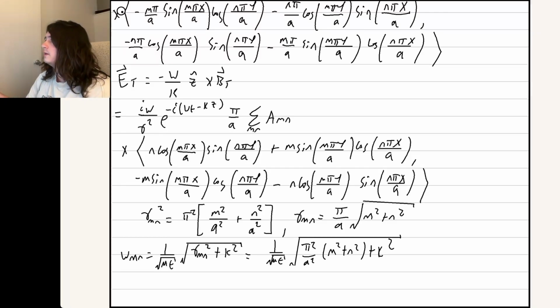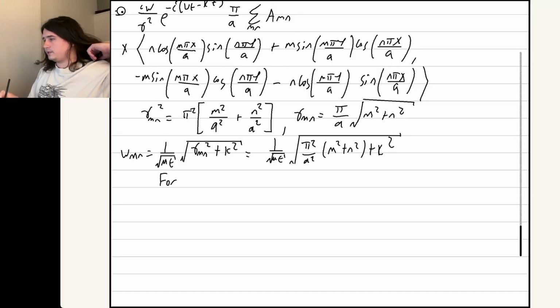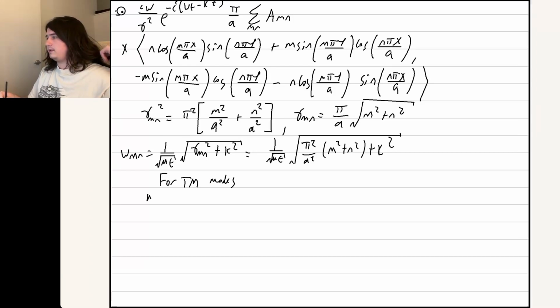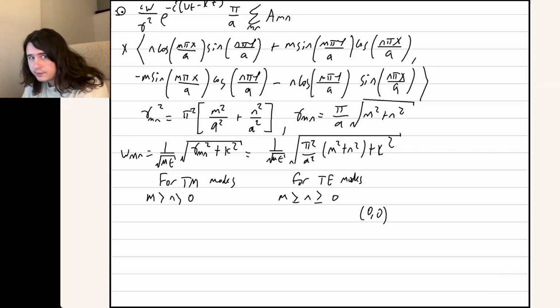All right. So if you want to talk about what modes can actually exist in these formulations, for TM, given the boundary conditions, the only possible modes that you're going to have are for m greater than n greater than 0. And then for TE modes, you're going to have m greater than or equal to n, greater than or equal to 0, but they can't both be 0 because that's the trivial case.